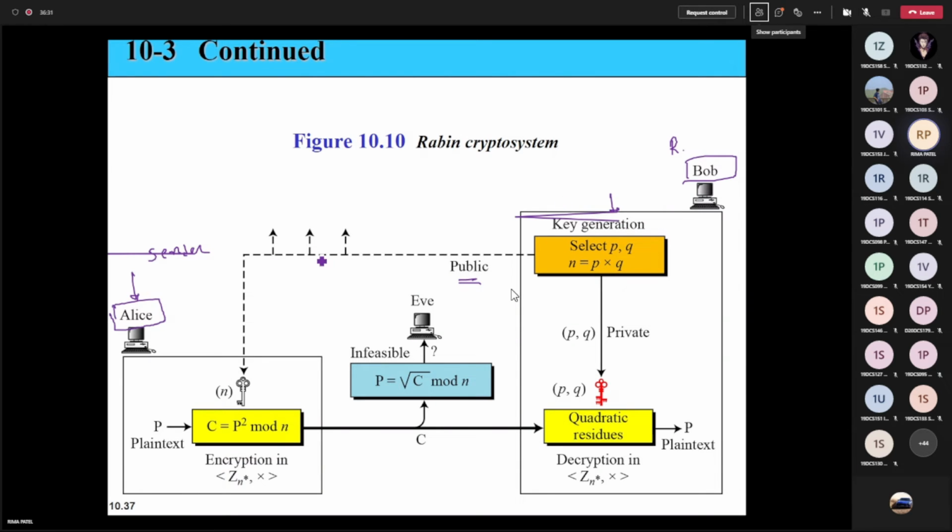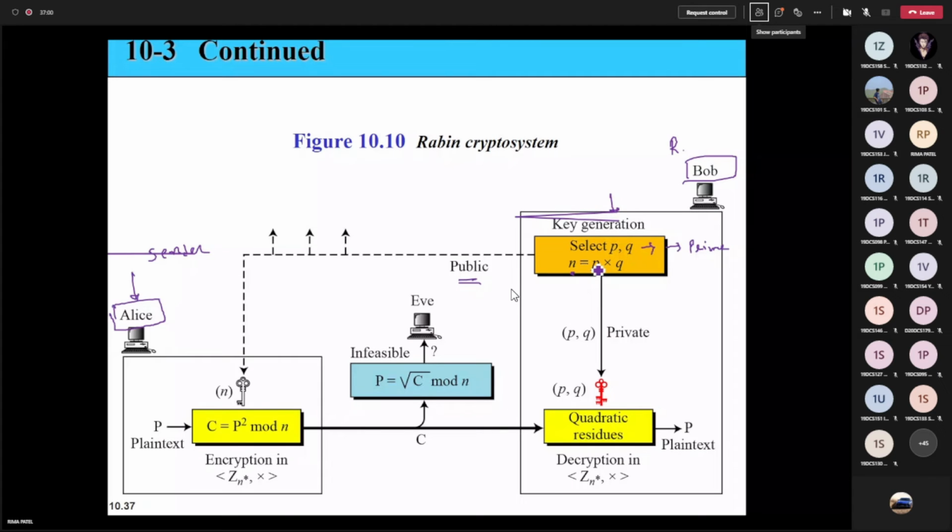Okay, so the very first step is key generation. If Alice wants to send a message to Bob after encryption, she must have the public key of Bob. So the key generation says the very first step is to select the values of P and Q. Once you have selected P and Q, compute n equal to P into Q. Again, P and Q will be large prime numbers.